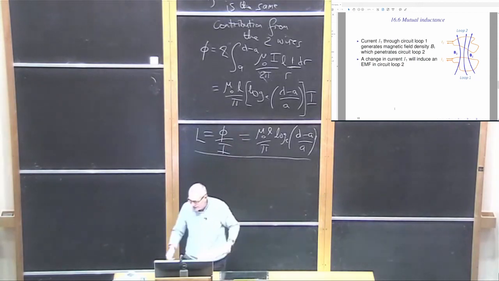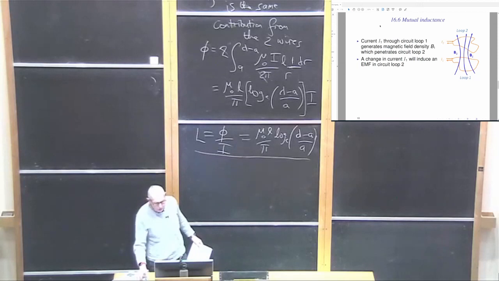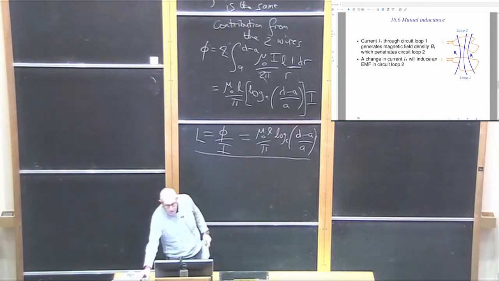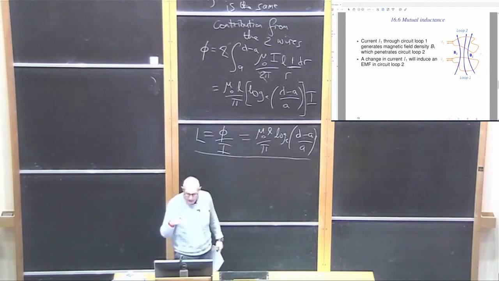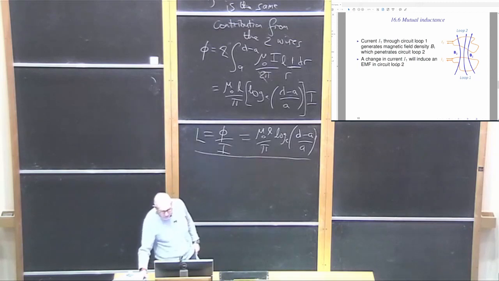Right, so this, in the simplest case, we have two loops of wire. Current I1 in the first loop generates a magnetic field, B1, which penetrates this other loop, circuit 2. So if we have a change in current I1, we'll have a changing magnetic flux through loop 2.